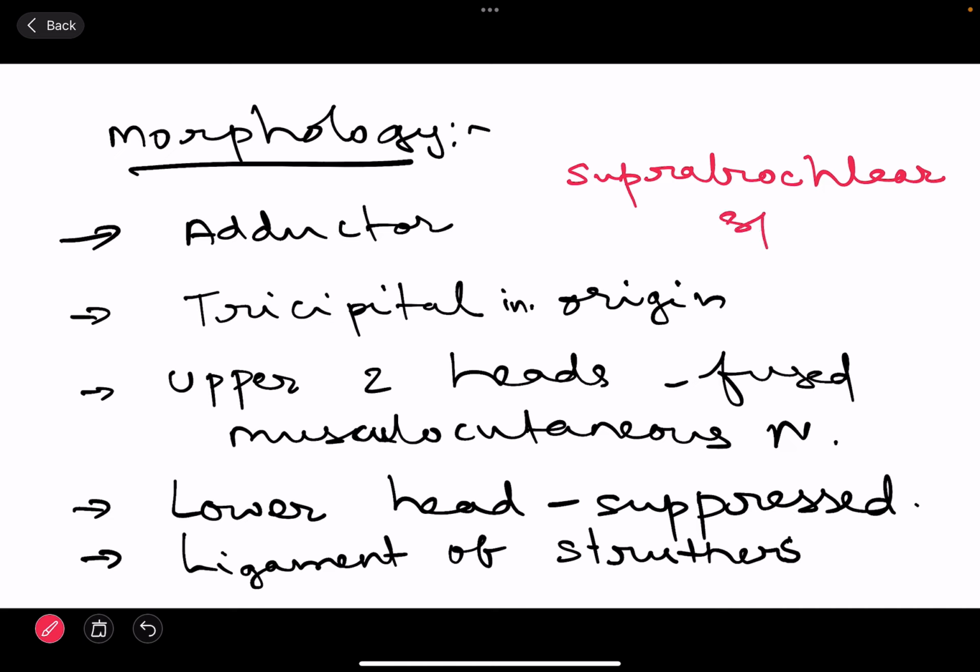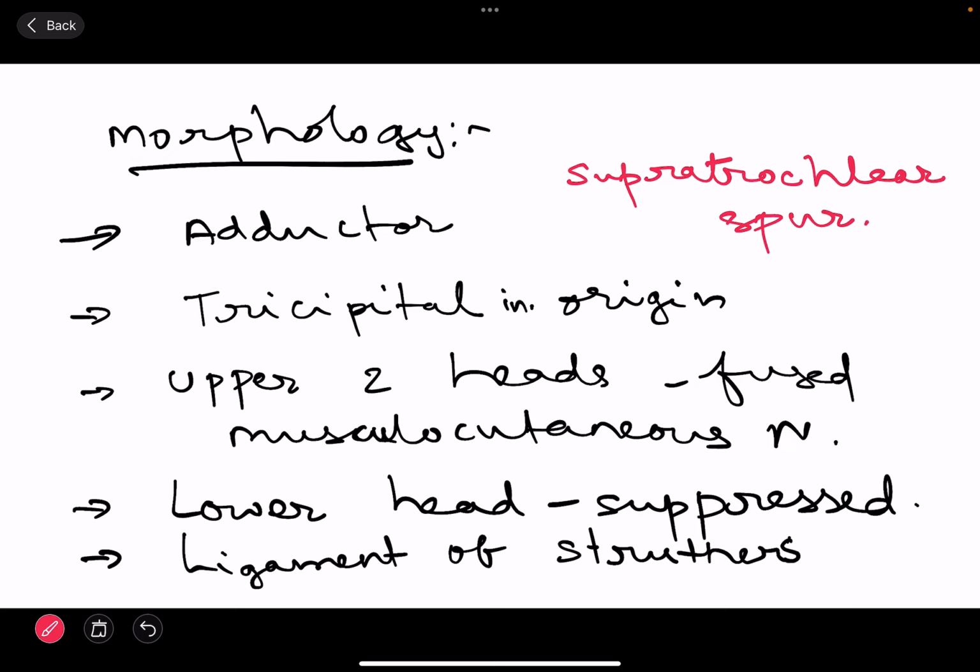So what is the ligament of Struthers? It is the third head of the coracobrachialis, which is not present in humans as of today. When it was present, it would be attached to the supratrochlear spur.